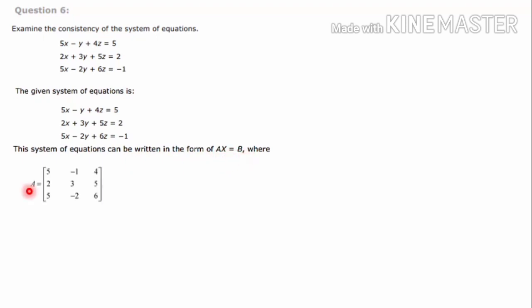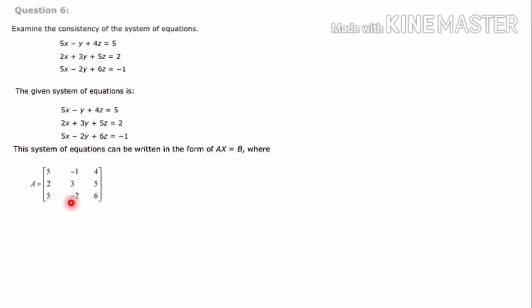Let's write A. A is our coefficient matrix. So here the coefficients of the first equation are 5, minus 1, 4. So that is written here, 5, minus 1, 4. Consider the second equation. The coefficients are 2, 3, 5. That is written here. And in the third equation, the coefficients are 5, minus 2 and 6.